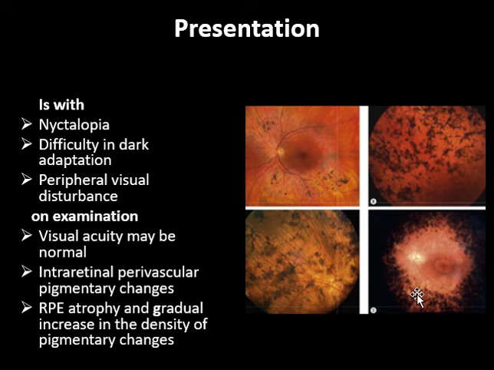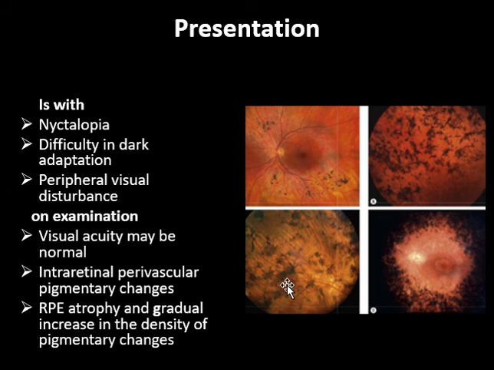The retinal pigment epithelium loses its pigmentation, and because of atrophy of the RPE, we can see the large choroidal vessels. So RPE atrophy and gradual increase in the pigmentary changes.